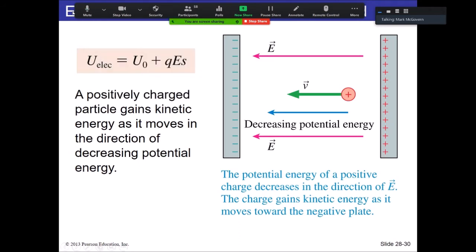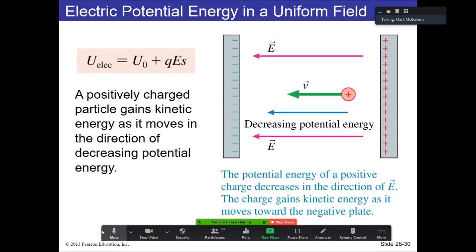So here's how it works for positive and negative charges. We have this expression, QES, right? And the potential energy decreases as we go from the positive to negative plate. Simple enough. What about negative charges, though? Because for a negative charge, you're going to put in a Q for that, and you will want to put in the negative here, right?